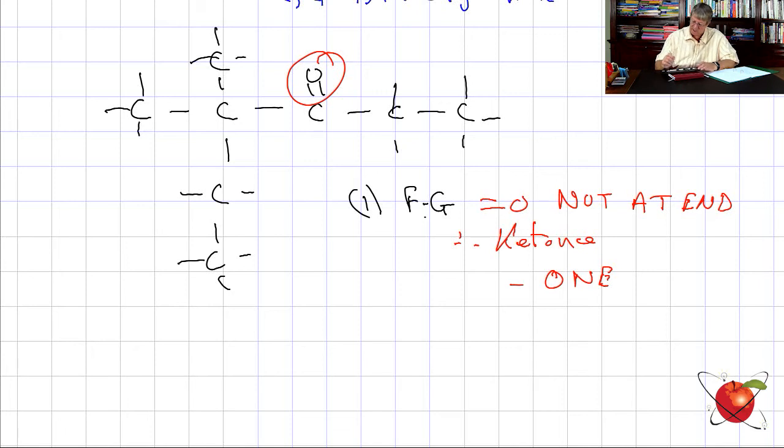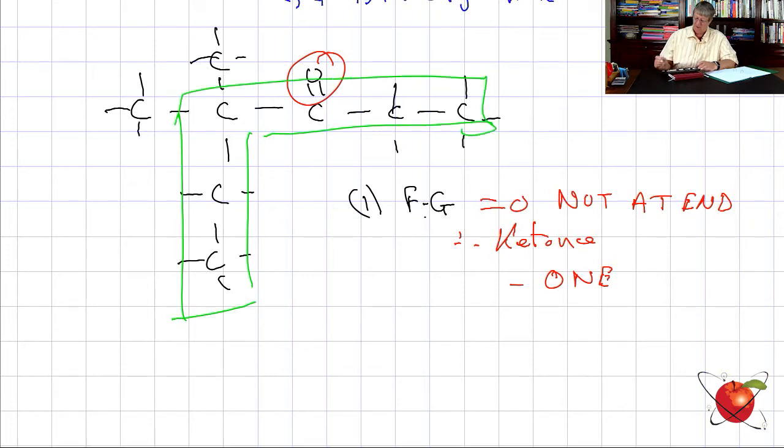Now then, the next thing is to identify the longest structure. And there it is yet again. What do I do here? I now say to myself, okay, I have got the longest chain, Amelia always complains about that. I have got the longest chain, and I number from the end closest to my functional group.